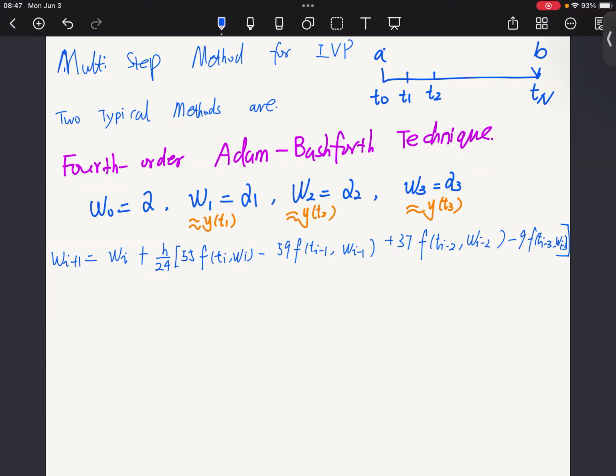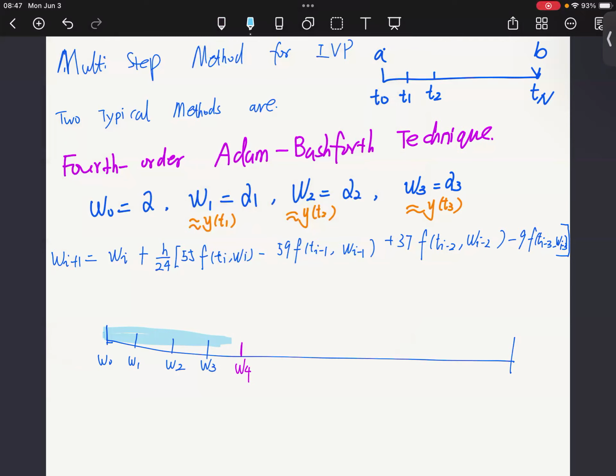we are using all these values again and again. So let's look at the line here. You will see W0, W1, W2, W3, which means that W4 is based on what we have calculated before, the f function evaluated at all these points.